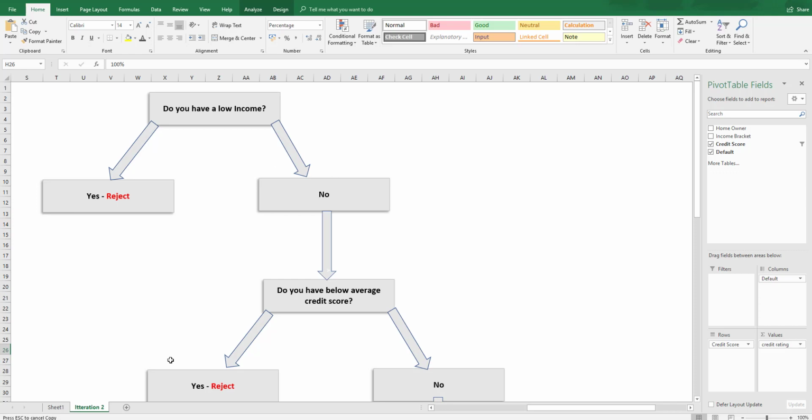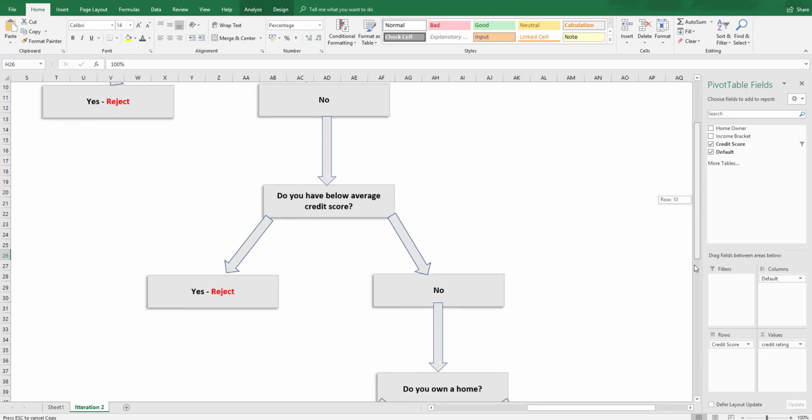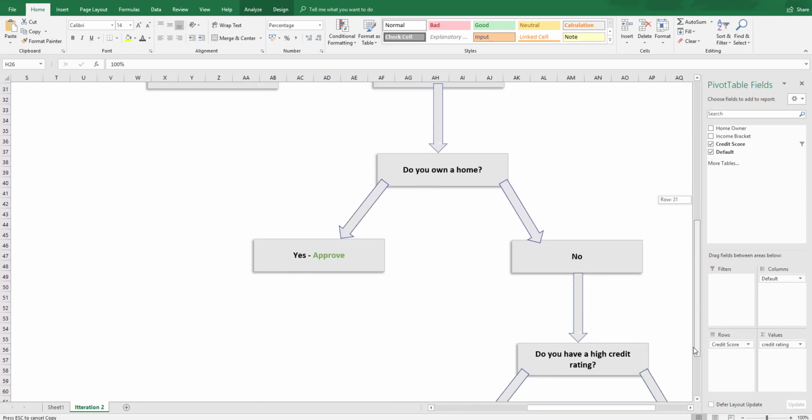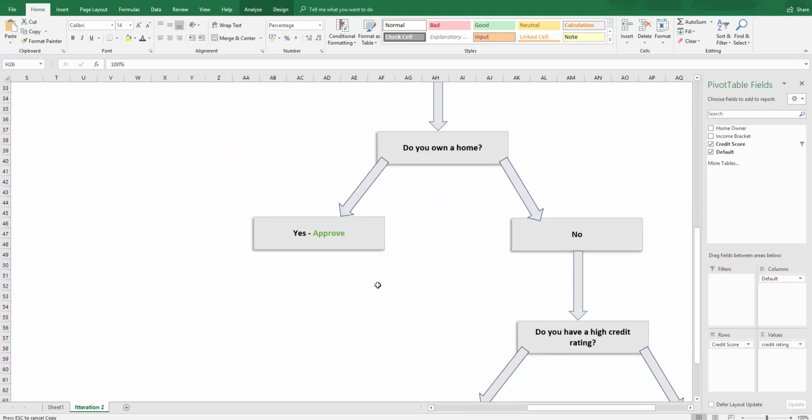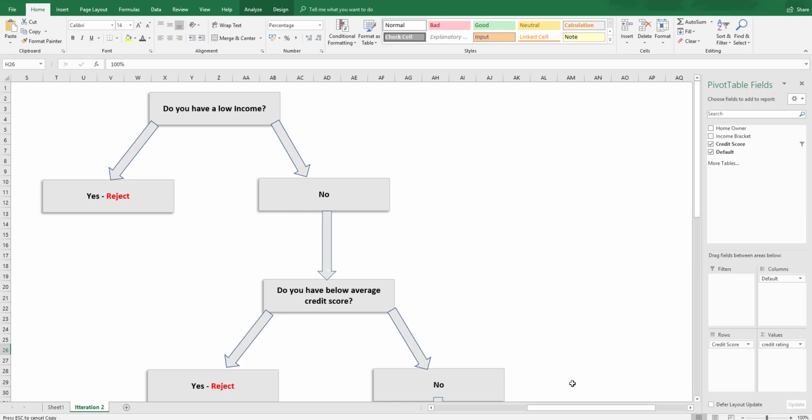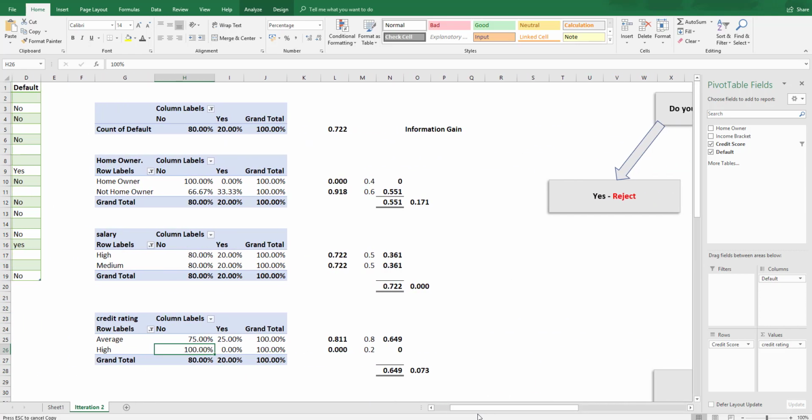Our second question also has a decision node where anybody with a below average credit score has to be rejected. Our third iteration would be, do you own a home? And again, our decision will be yes if they do, and no, let's move on to the next question in the decision tree. So that's how decision trees are created.